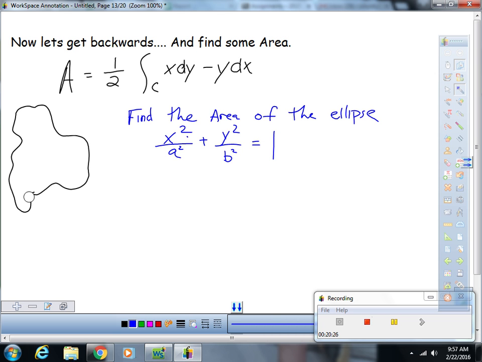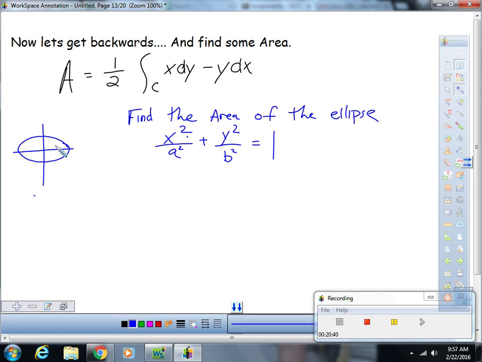So it's not an amoeba. It's some ellipse. Anyone remember the area of an ellipse? Okay. Well, it is pi AB.